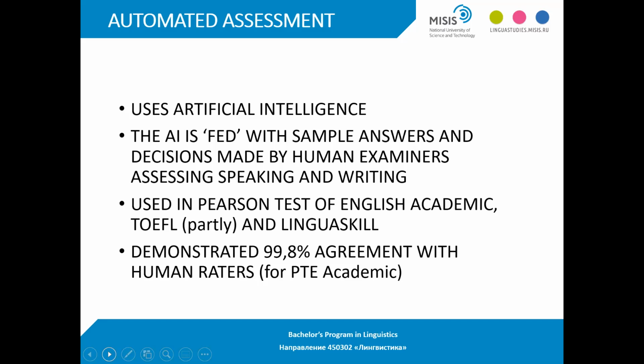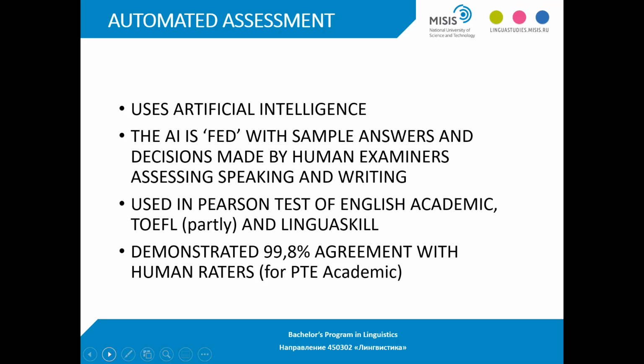And then when it gets a new piece of writing from a candidate, it compares it with all the samples and all the decisions made by human examiners, human markers, that it has in its huge memory.